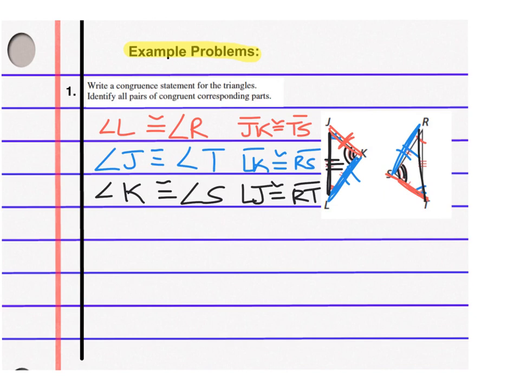Then my congruent statement is saying that the two triangles are congruent. I can do that now that I've shown all three angles and all three pairs of sides are congruent. I'm going to use this order right here, LJK. So triangle LJK is congruent to triangle, and I need to use the same order, RTS.